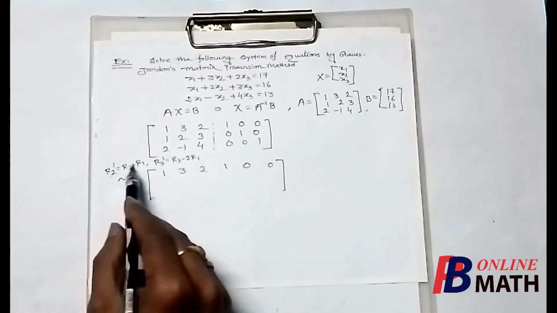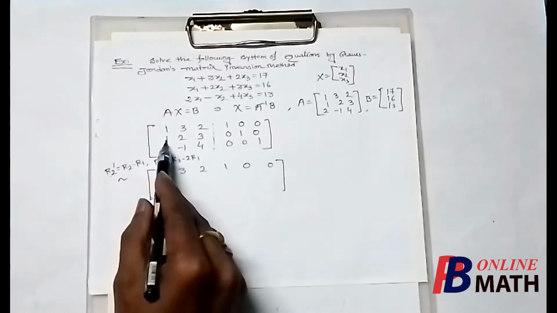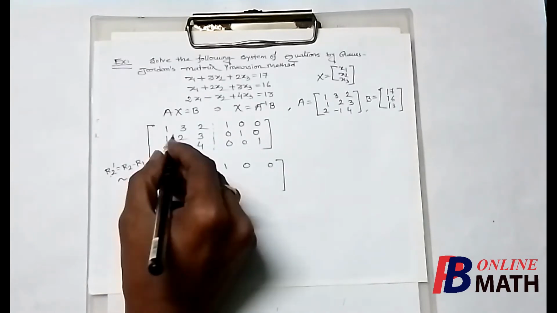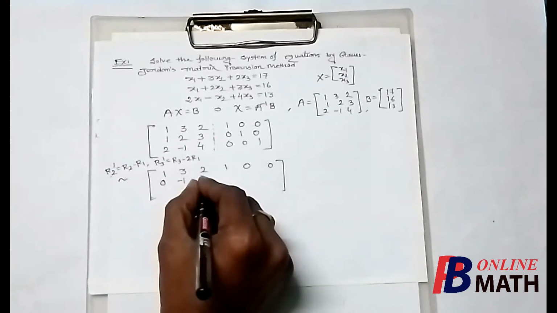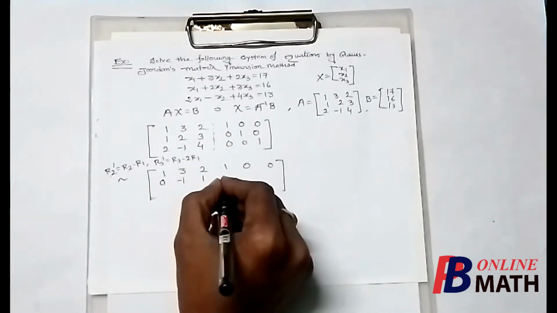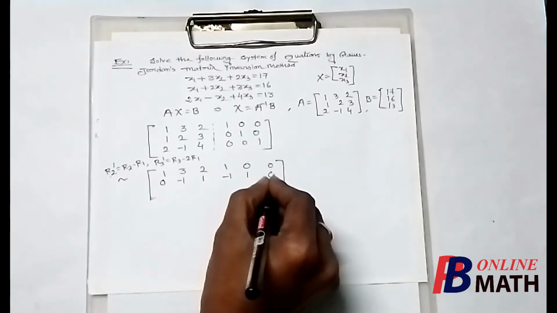If we apply this row operation on the second row, then the new second row becomes 1 minus 1, which is 0, 2 minus 3 equal to minus 1, 3 minus 2 equal to 1, 0 minus 1 equal to minus 1, 1 minus 0, 1, 0 minus 0, 0.